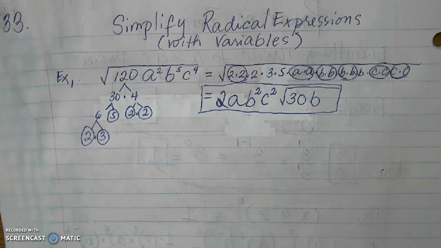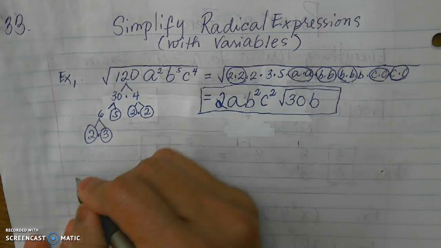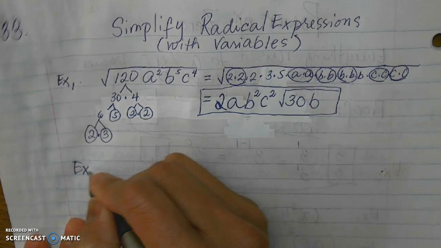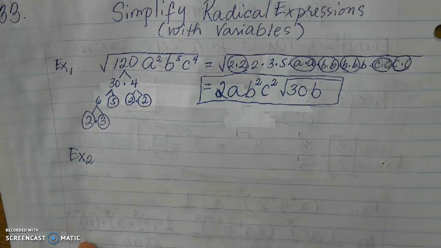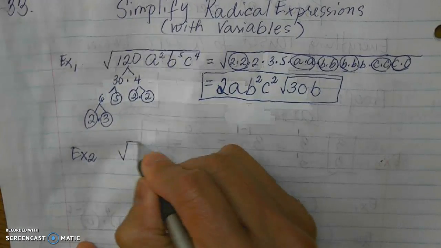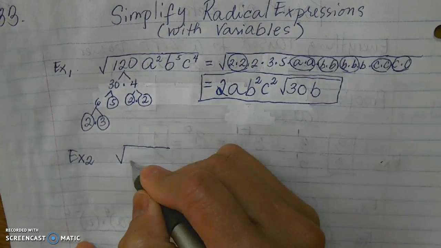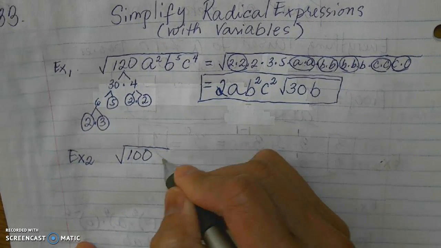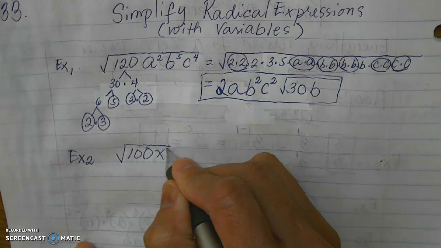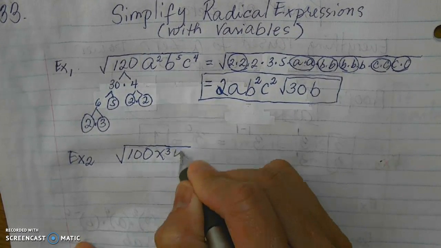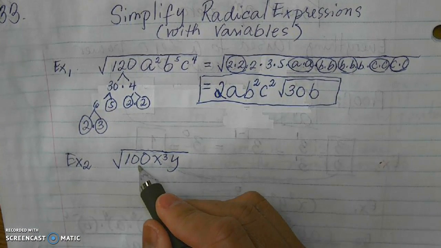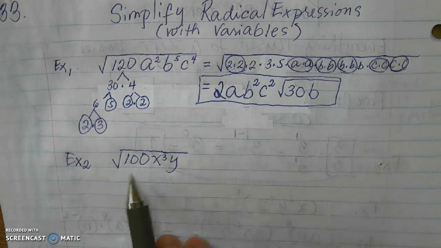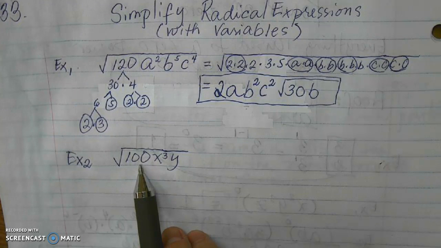So my next example is example number 2. It is the square root of 100 x to the third y. All right. So let's get the prime factors of 100, or I think I know that this is a perfect square.